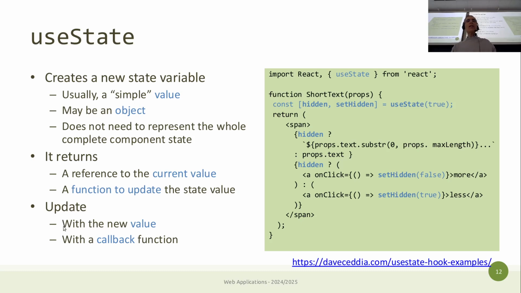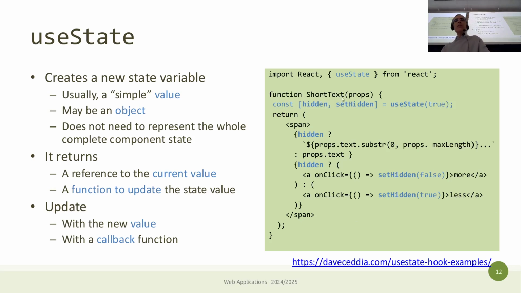We can update the value by calling this function, setHidden in this case, using two possibilities: giving a new value directly, or giving a callback function to be called to compute the new value. That's for later. This example is very simple. You see, it's a short text.